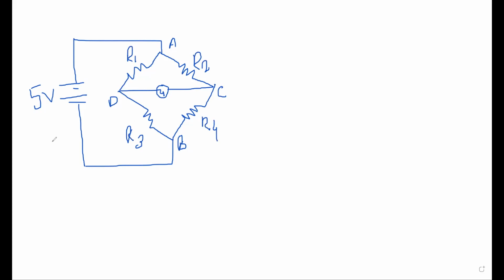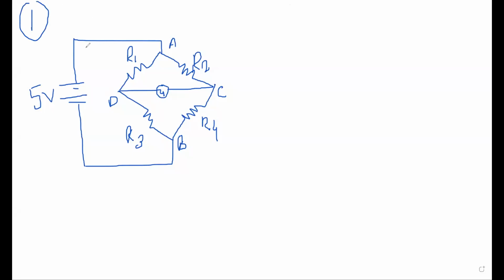Now write down the question. In the figure of a Wheatstone bridge, the battery voltage is 5 volt, and its internal resistance is negligible, so we have to consider the internal resistance negligible.